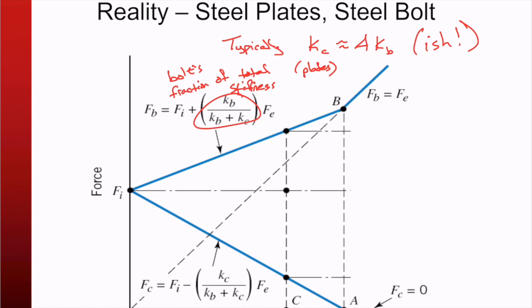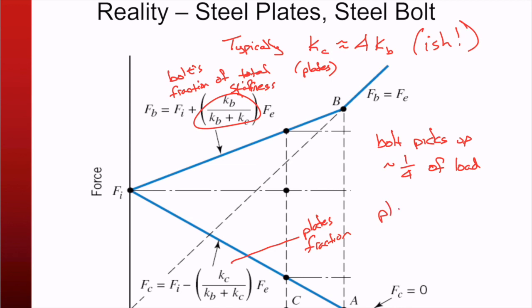So the bolt picks up about 1/4 of the load. This is the plate's fraction, which is considerably more. So the plates lose about 3/4 of the load.